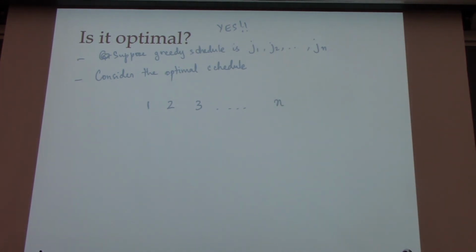Now let's look at the optimal schedule, and let it be something like I1, I2 to In. And you're saying take any pair Ix and Iy such that x is less than y and Ix is bigger than Iy.